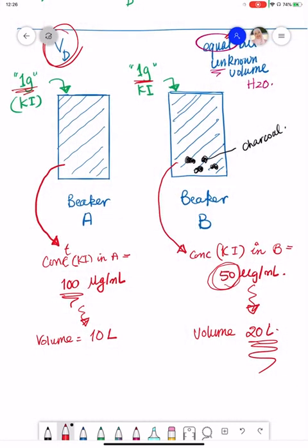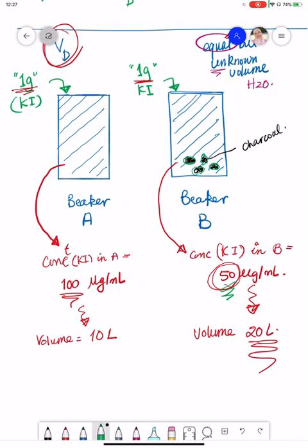Why did this happen? First of all, potassium iodide is soluble in water, so it will be ionized to its ions, right? And we know again that charcoal is an absorbing agent, so some of the potassium iodide will be absorbed on the charcoal. So we are losing some of the potassium iodide.